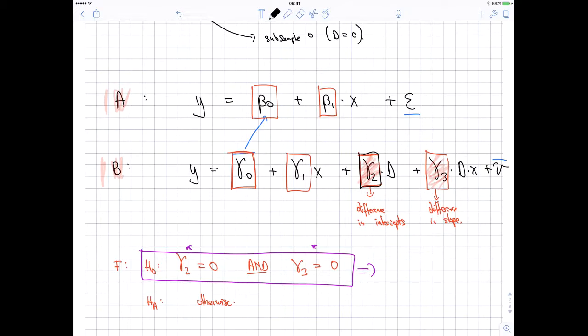When D is equal to 1, it will simply collapse to y is equal to gamma 0 plus gamma 2 plus gamma 1 plus gamma 3 times x. And you'll see that very clearly, right? So you could see that when d is equal to 0, you are not going to have this, and you're not going to have this. So those are going to be exactly the differences.